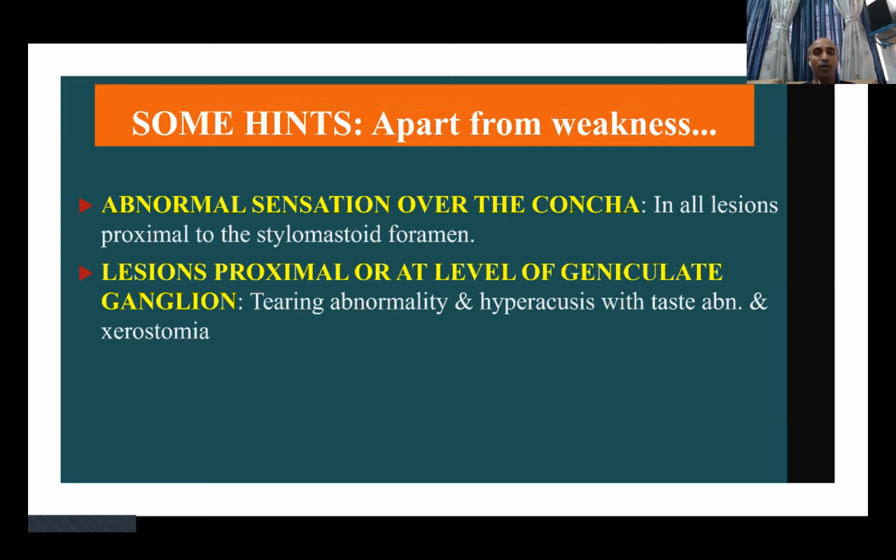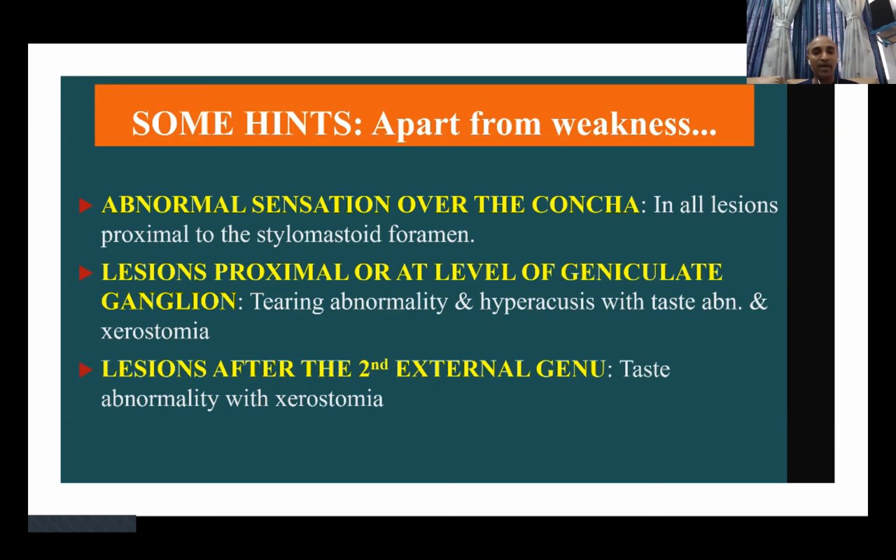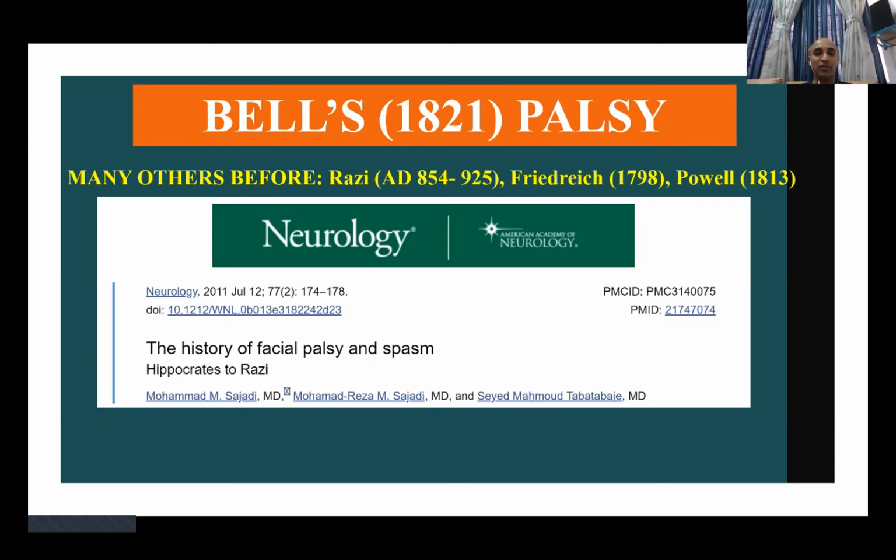If you have a lesion proximal to or at the level of the geniculate ganglion, you will also have associated tearing abnormality and hyperacusis along with taste abnormality and xerostomia because of the involvement of the greater superficial petrosal nerve and the nerve to stapedius. If you have a lesion after the second external genu, that is after the tympanic segment, what you get is abnormality of taste along with xerostomia, but there is no hyperacusis or tearing abnormality. So these are some hints to tell you anatomically where the lesion is.